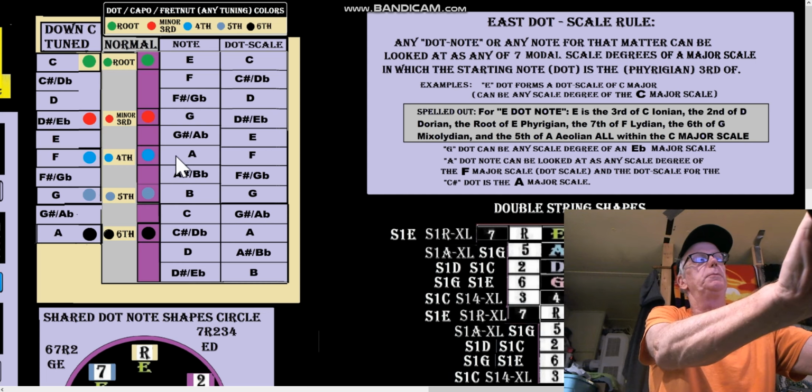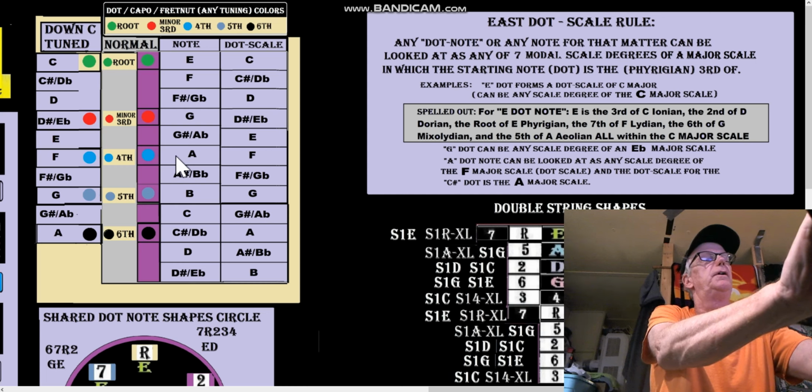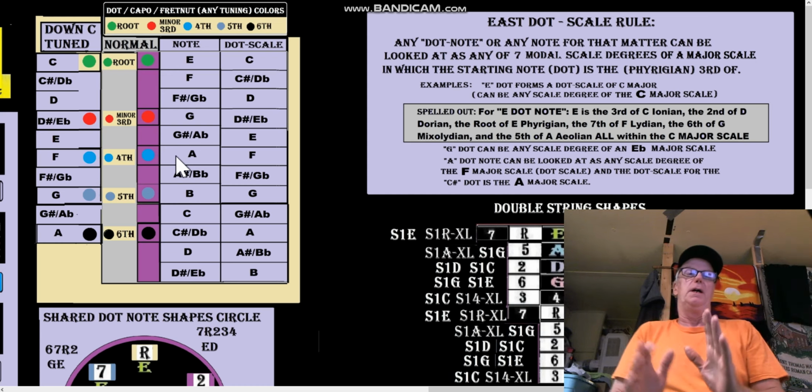So I'm going to count them again. 3rd, 2nd, root, 7th, 6th, 5th, 4th, 3rd. Okay, so that works.